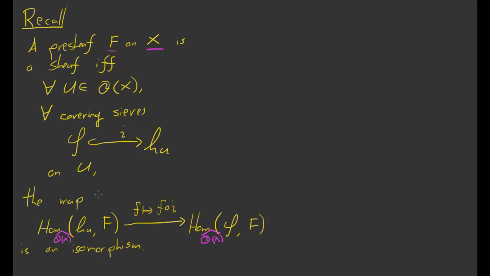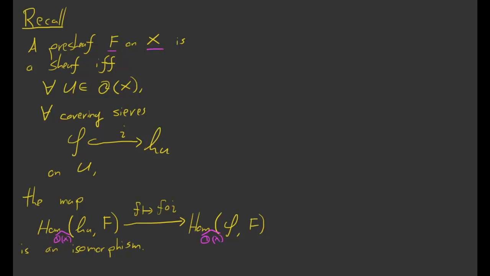One way of saying this is that maps from H of U into F are equivalent to maps from S into F for any covering sieve S. So H of U and S act the same with respect to mappings into sheaves.